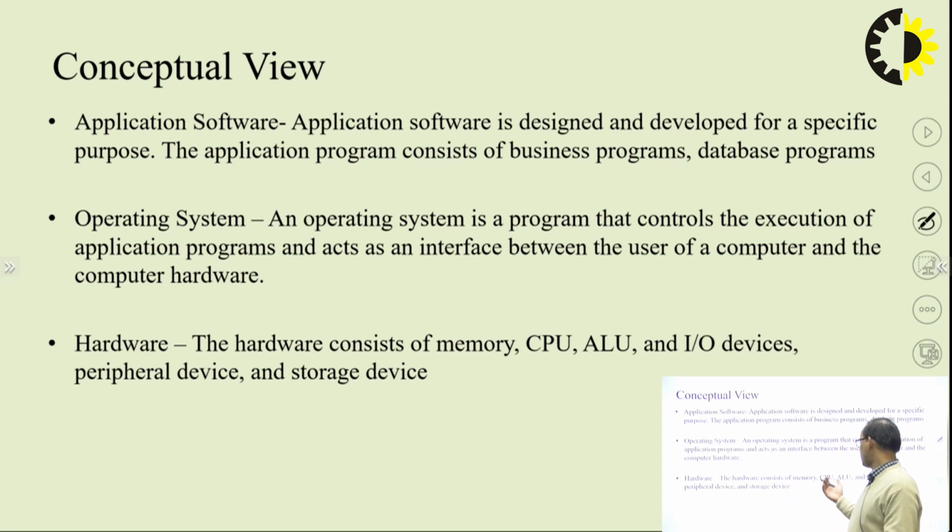Hardware consists of memory, CPU, and the ALU, the arithmetical logical unit, which is used to perform mathematical operations like addition, subtraction, multiplication, division, and also logical operations like logical AND, logical OR. Different types of input output devices and storage devices are all examples of hardware.